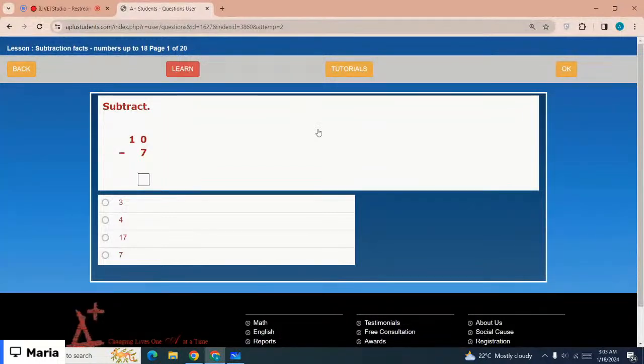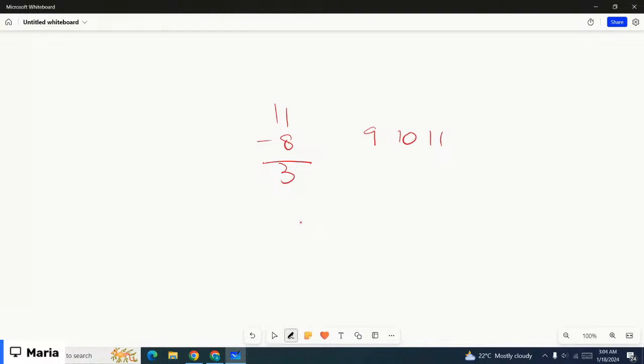The next one is subtract 7 out of 10. Start with the smaller number and count up till 10. 10 take away 7 is 3. How?